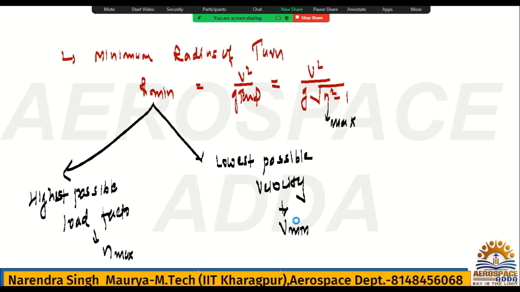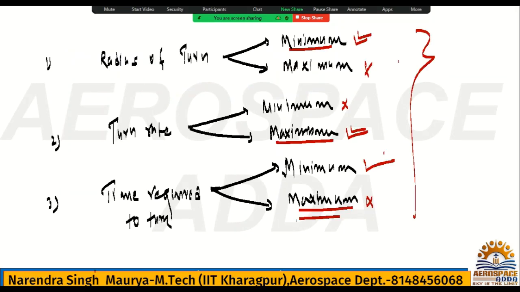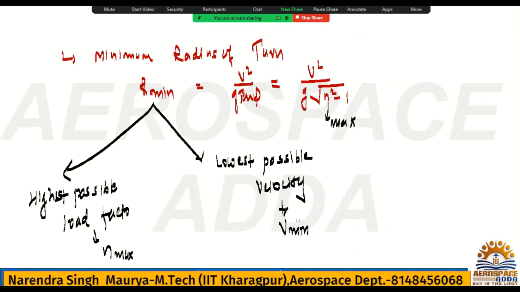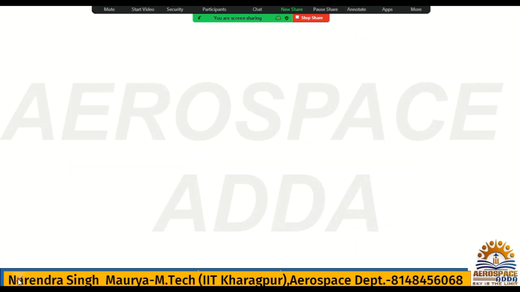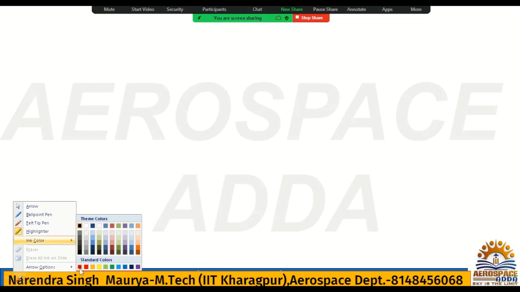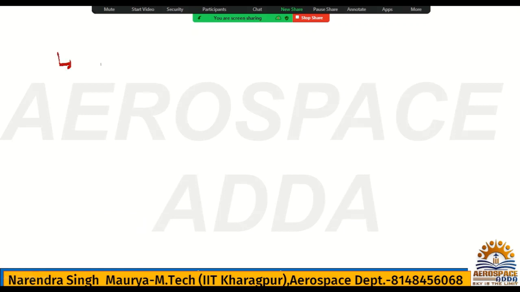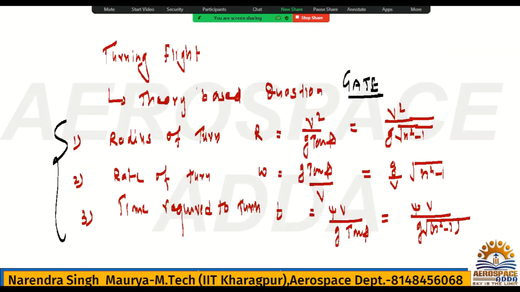Second thing, what about turn rate? You are going to maximize the turn rate, so this omega should be maximum. What is the formula for it? Just now you have written it somewhere.